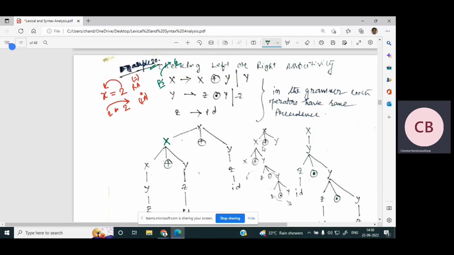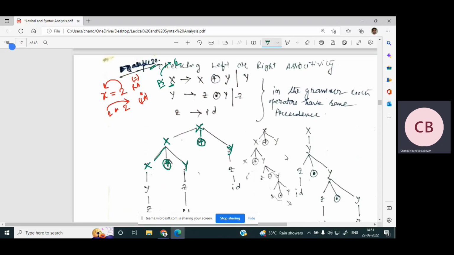Now, how to find out the associativity property? We need to check the inclination of the operator with respect to a tree. For example, if I start with x to x XOR y, here I have started x to x, here I have started x XOR y, correct? Now x can be expanded to y, or even x can be expanded to x XOR y. This is the parent production from which I have to start.